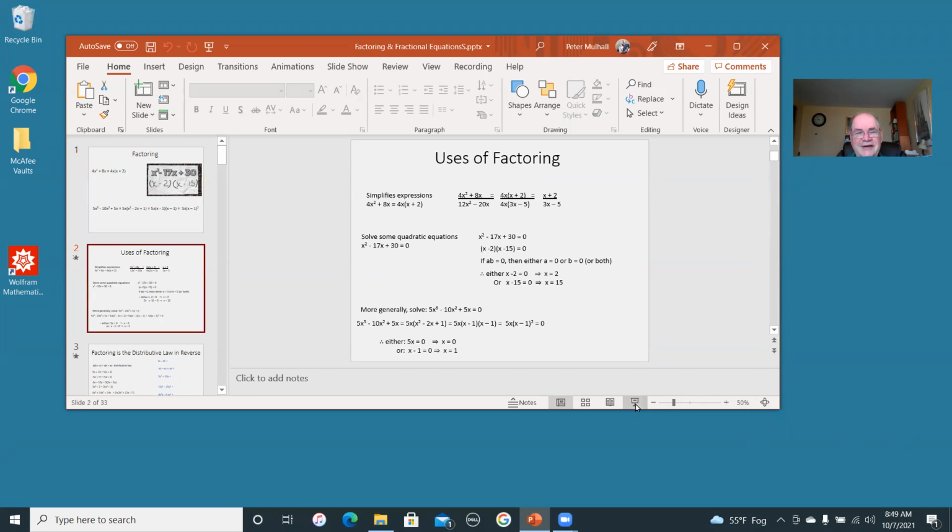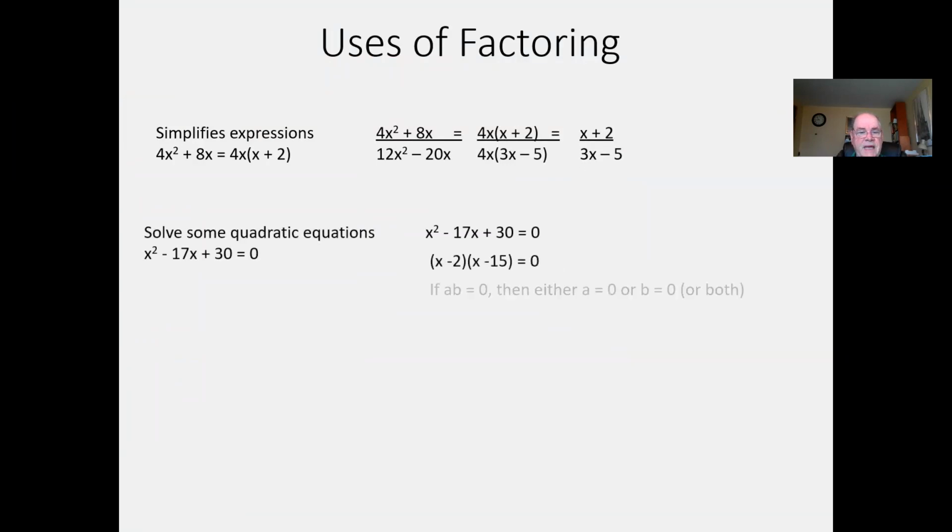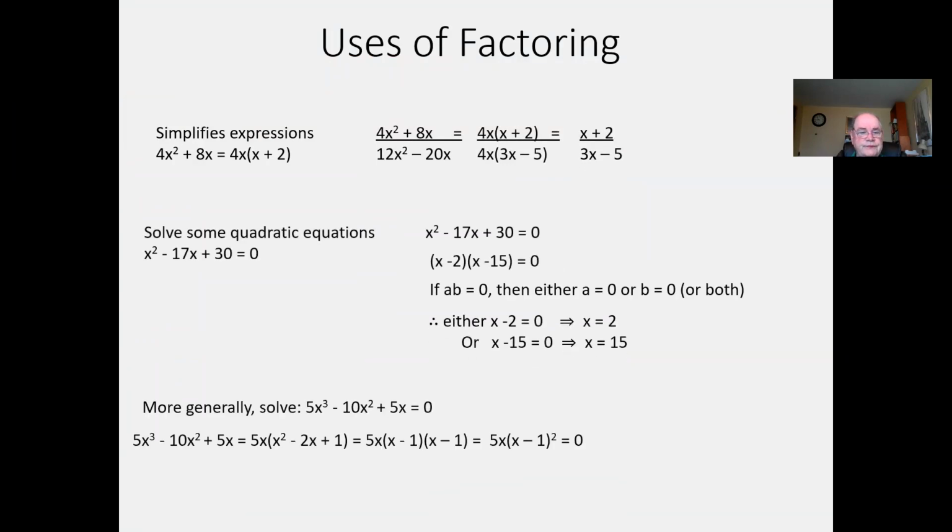Okay. Good. So now I'm looking at the bottom where it says more generally. Yes. So now I certainly see what you've done here, but I don't know how you got there. I'm looking at the equation that starts 5x cubed, and the one that says 5x, x minus 1, x minus 1.